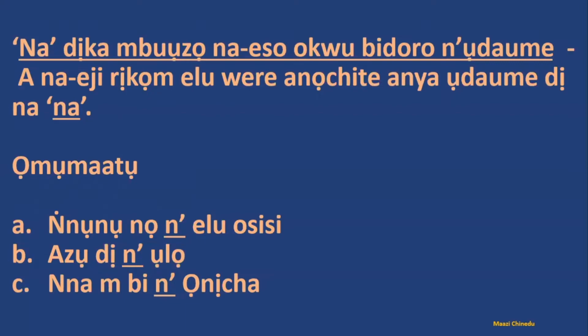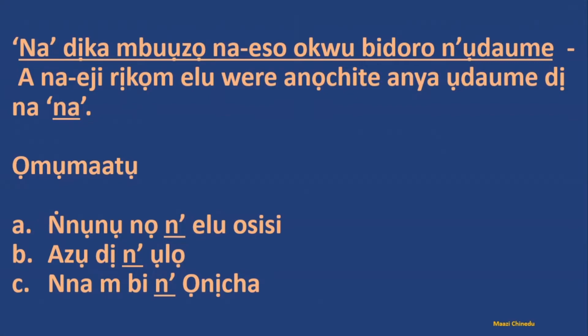Na dịka mbụ ụzọ na-eso okwu bidoro na ụda ume. Mbụ ụzọ is called preposition in English language. A na-eji rikom elu were anọchite anya ụda ume dị na.